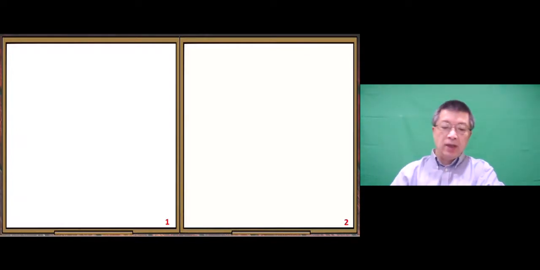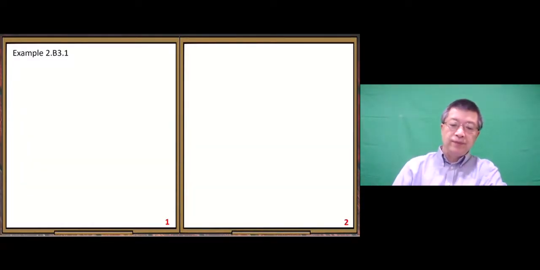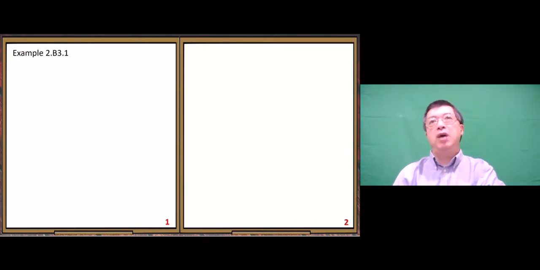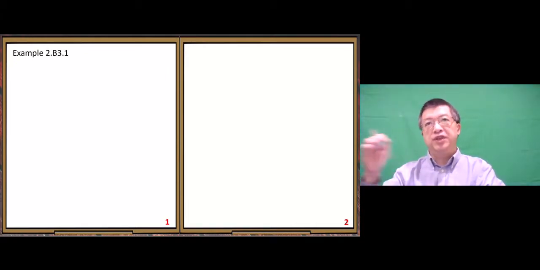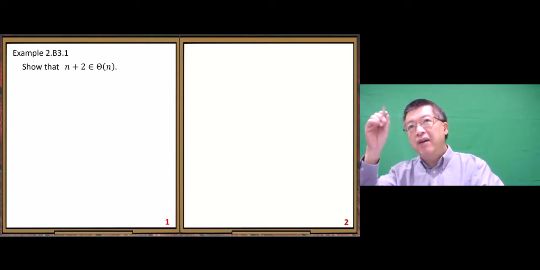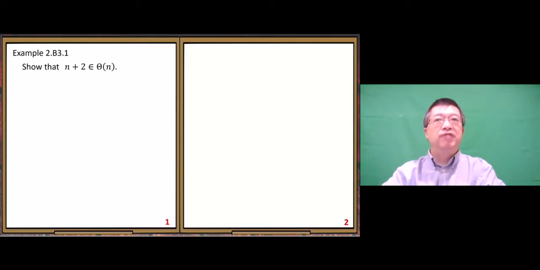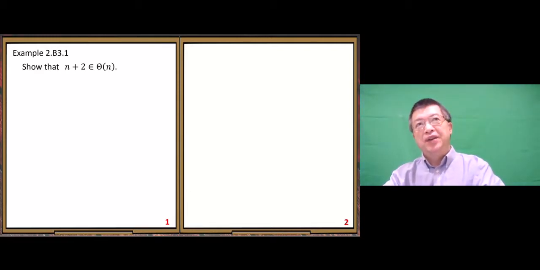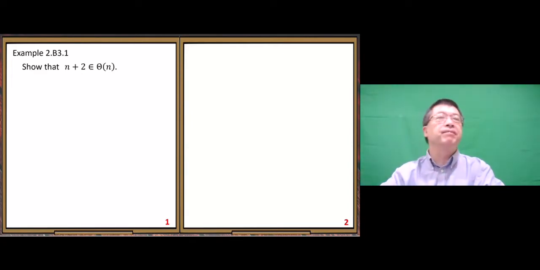All right. The first one, B.3.1, our first example. Show that n plus 2 belongs to big theta of n. First, I'd like you to recall the meaning of big theta of n.